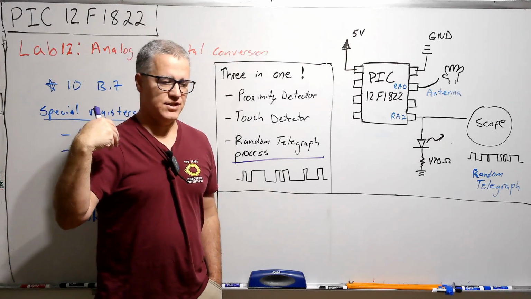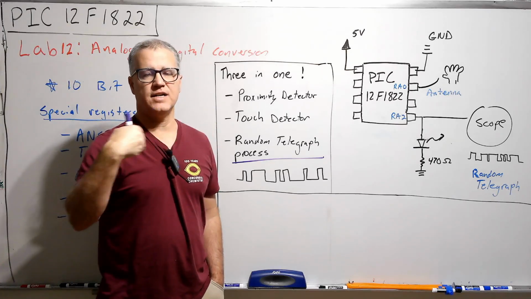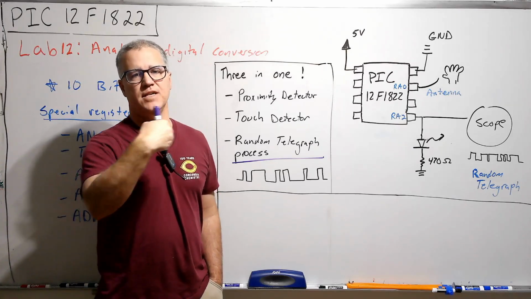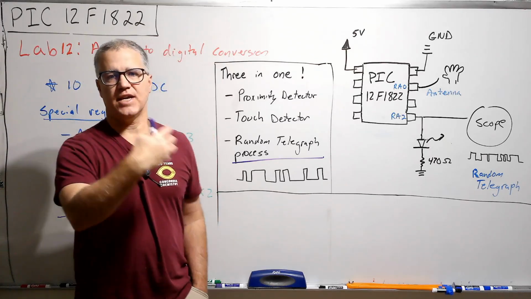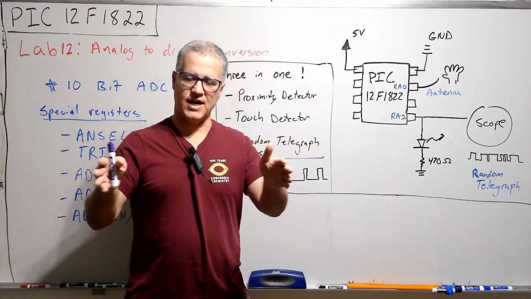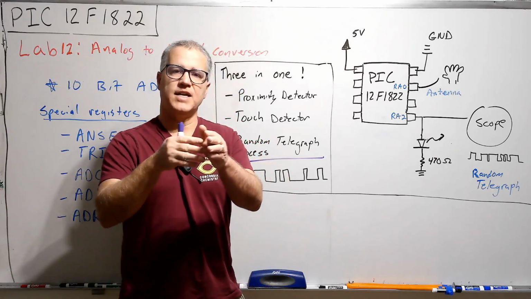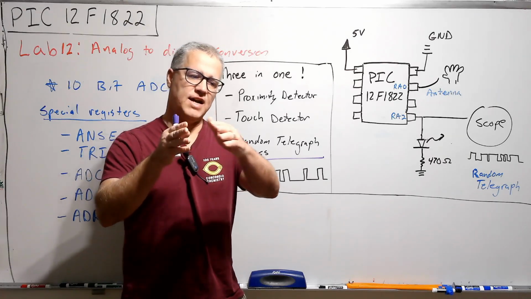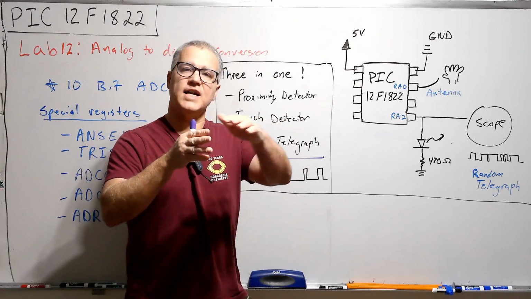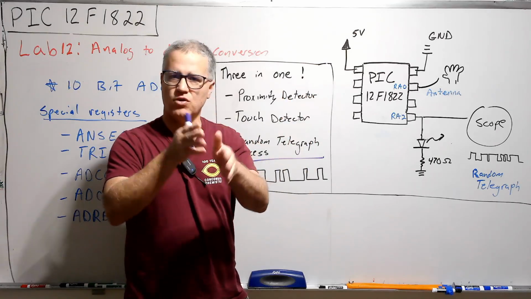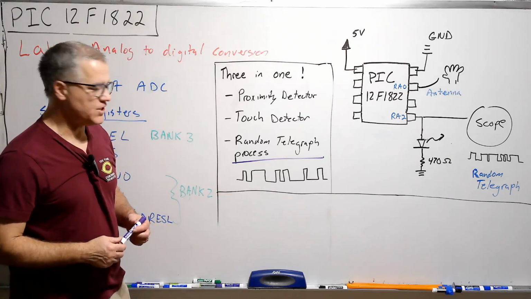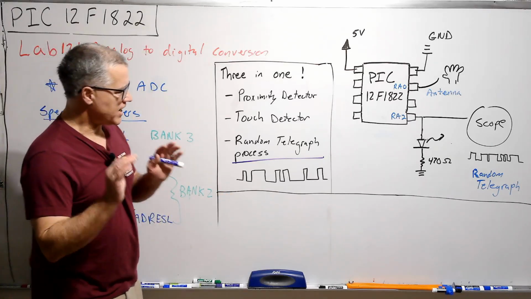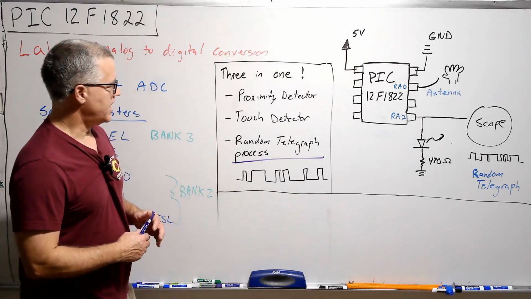And the amount of time that it stays in one state is random, but it has a correlation or a coherence time. So depending on how we set things, we can have it unlikely to make a transition or more likely to make a transition. So this could be useful for generating a random telegraph process. We're not going to go deep into that. We're just going to kind of see that happening.